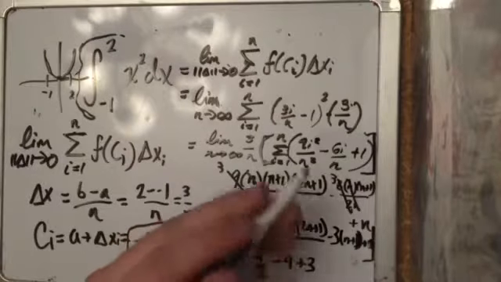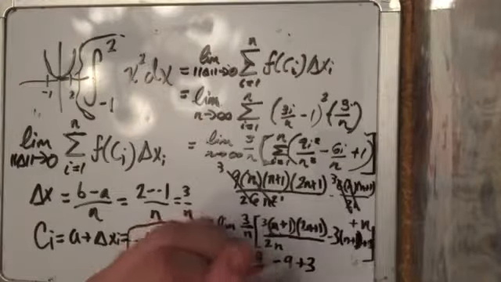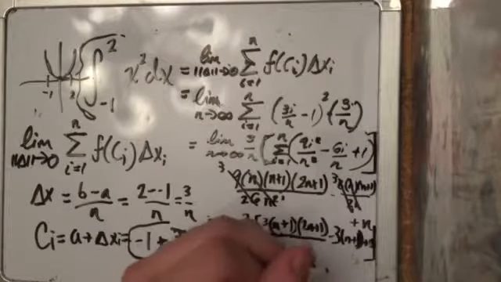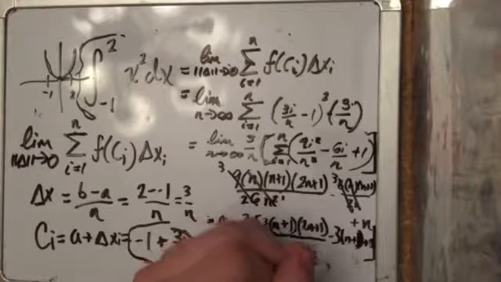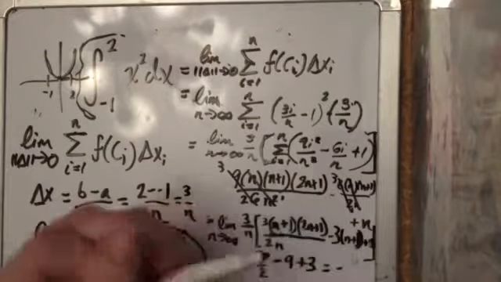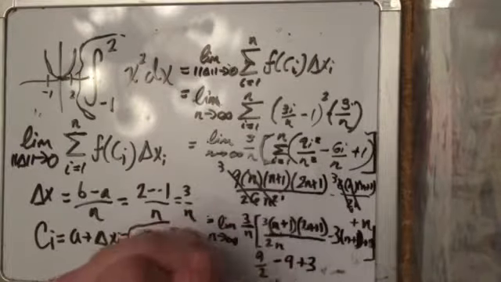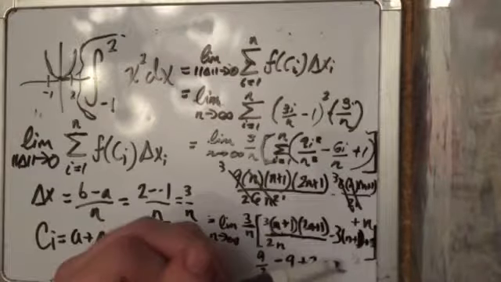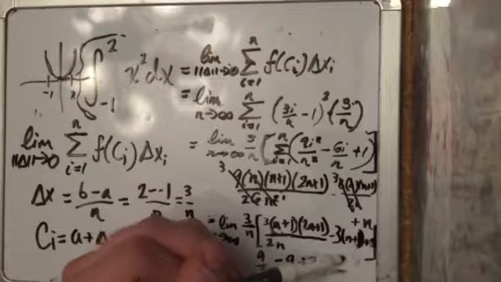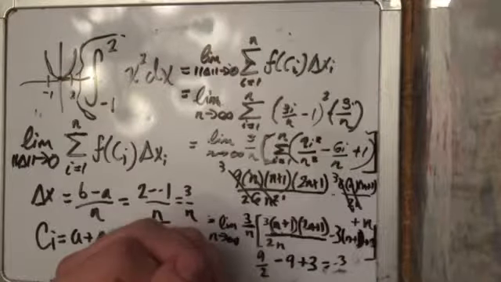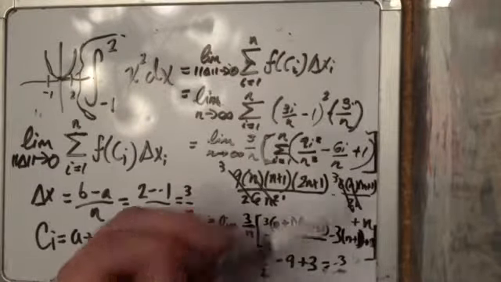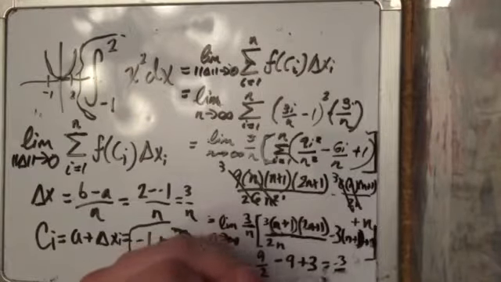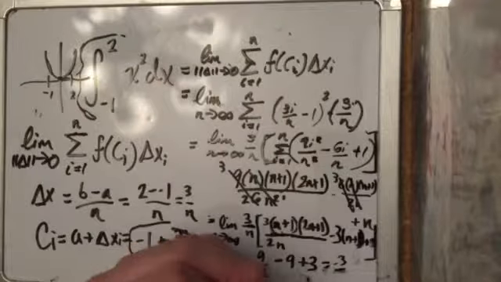So it's 4/2 minus 18/2, negative 4/2 plus 3, equals negative 3/2, because this is 6/2.